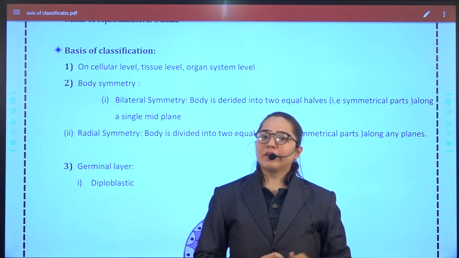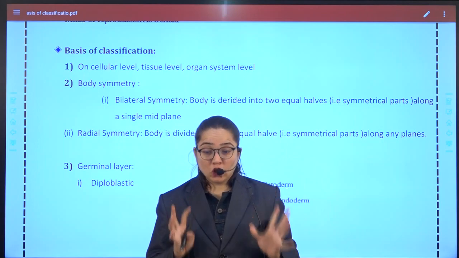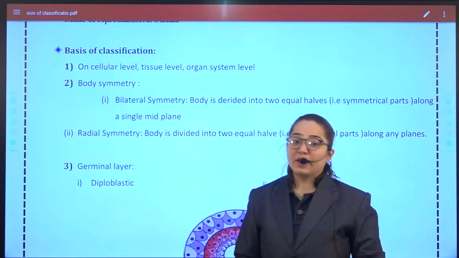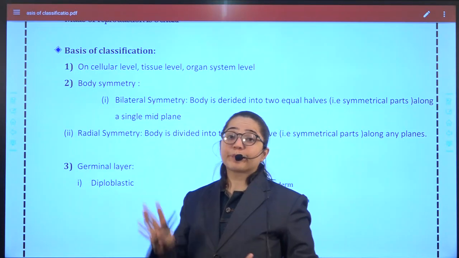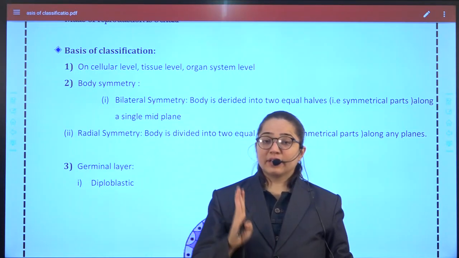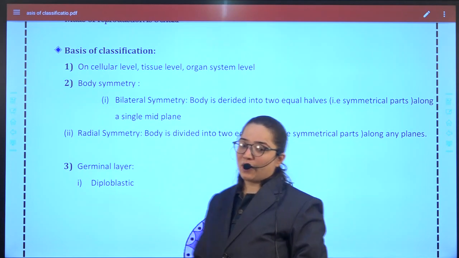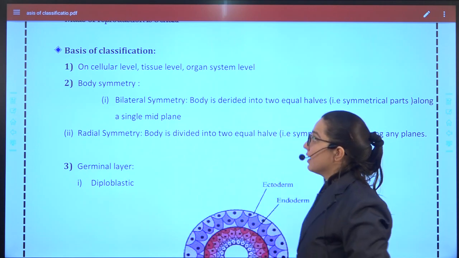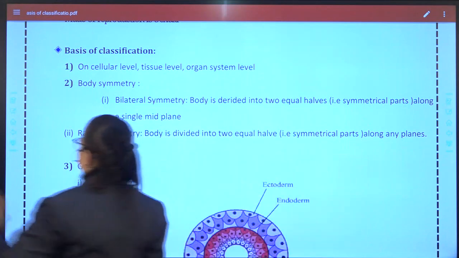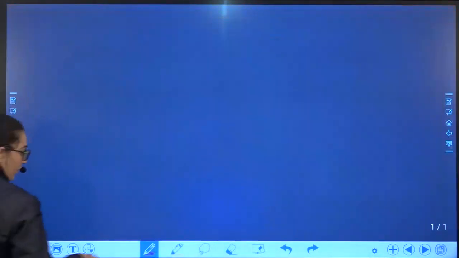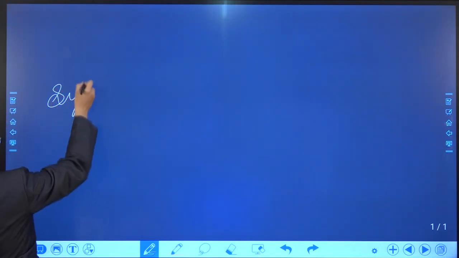Now, how have we divided them? What is the basis of classification? If we talk about the basis of classification, then there are five ways by which the entire kingdom's classification is done. Which are those five ways? The very first one is that they can be divided on their system level. On what basis are they divided?